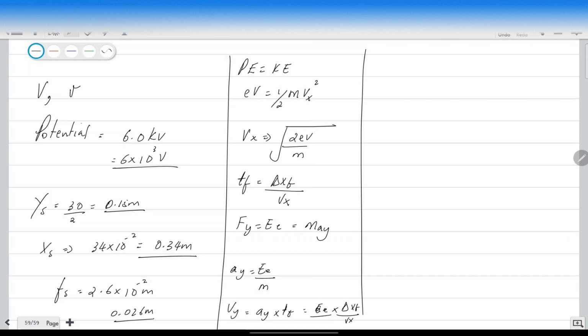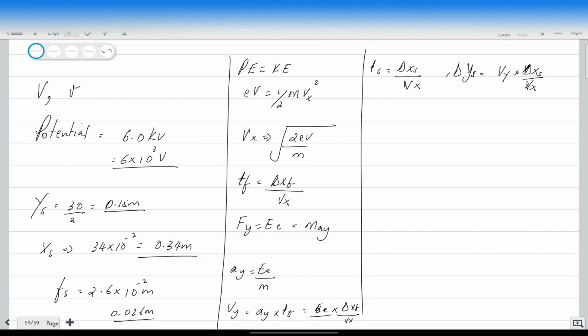Okay, so change in the screen time, therefore ts will be equal to delta xs over Vx. Change in y direction, therefore delta ys will be equal to Vy multiplied by delta xs over Vx.